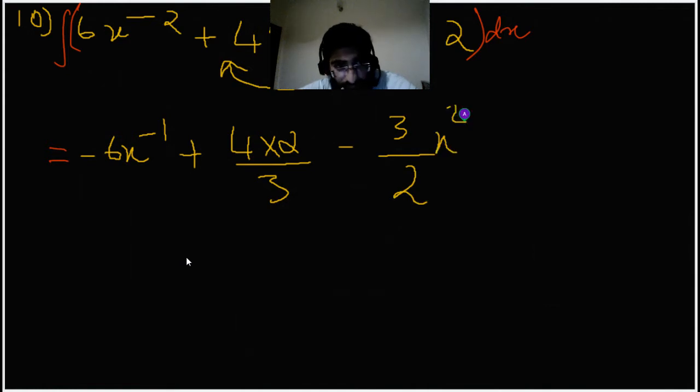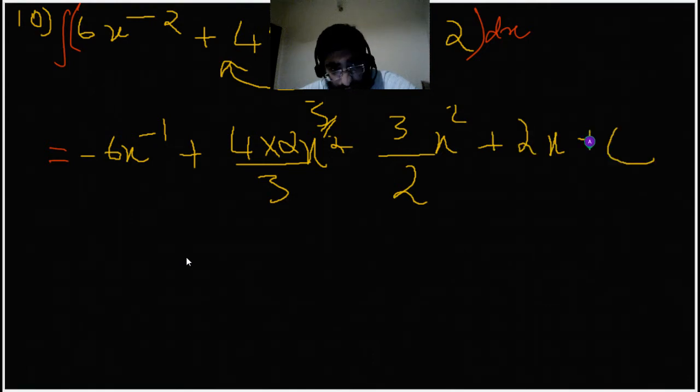And minus 6x minus 1 plus 2 4 divided by 4 into 2 divided by 3 minus 3 divided by 2 x 2 x 3 by 2, and it's plus 2x plus c.